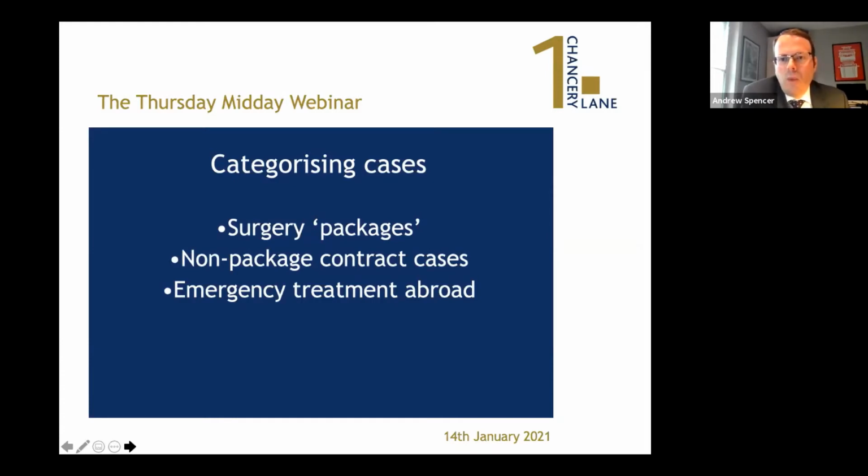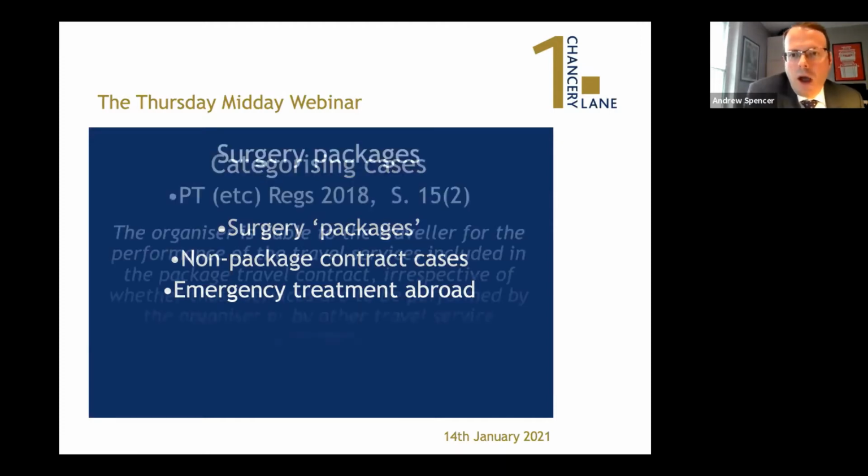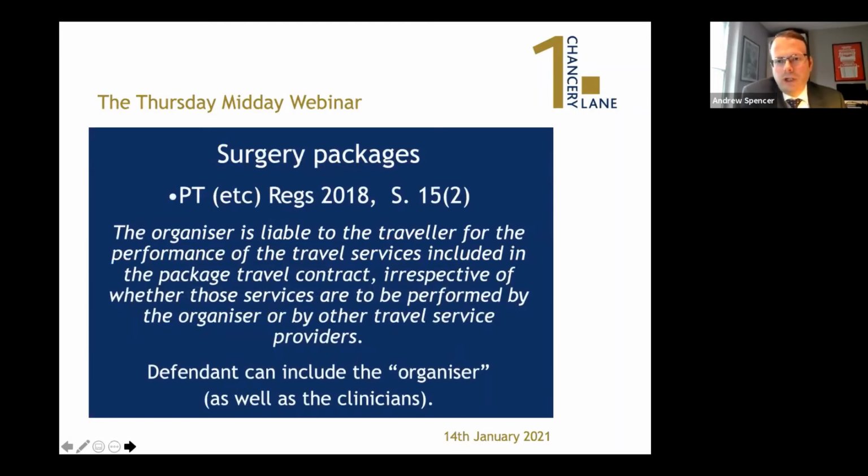The first are where you have a contract which is also a regulated package, that's to say regulated under package travel regulations. And then you have every other sort of contract case, which is where you have a contract but it isn't a regulated package. And then you have cases where treatment is provided without there being a contract. So for example, in the case of somebody having emergency treatment abroad. And the analysis for the questions which I referred to earlier is going to be different depending on how your particular case fits within these categories.